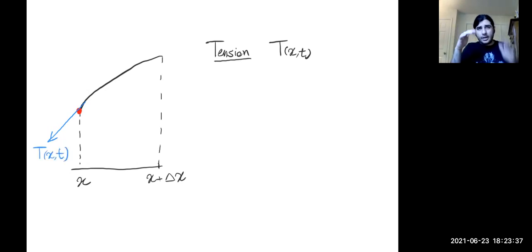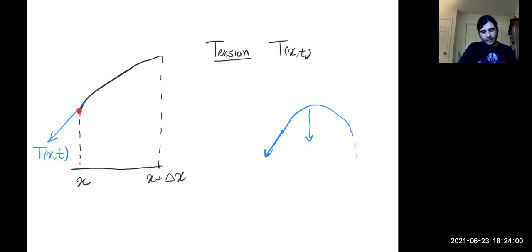However, we can guess what the direction of this tension would be, because if the string, for example, is in a position like this, you can assume the string wants to come down. So if you look at this point, probably the string is pulling back this segment downwards. So it's not in that direction, it's in the other direction, right? Anyway, in other situations the direction might be different. I don't care about that now.